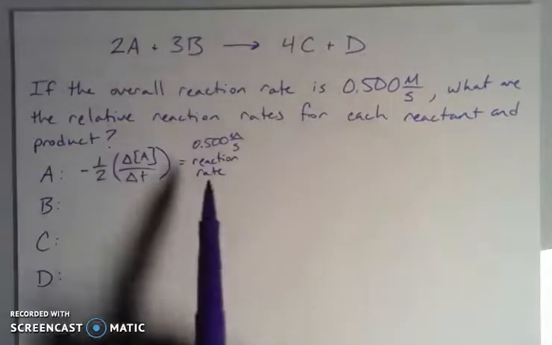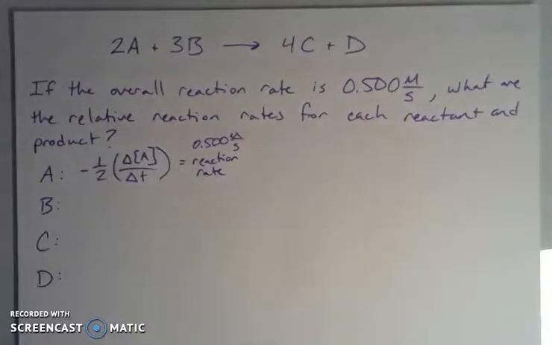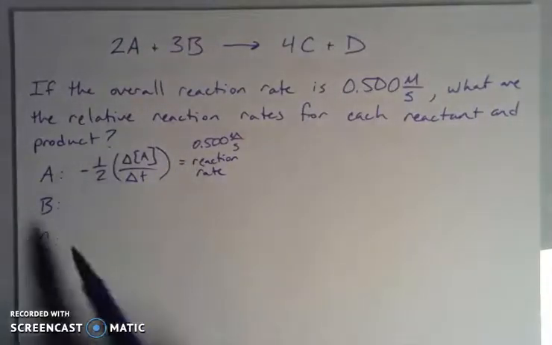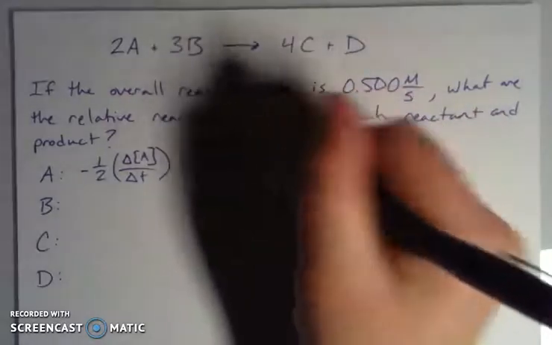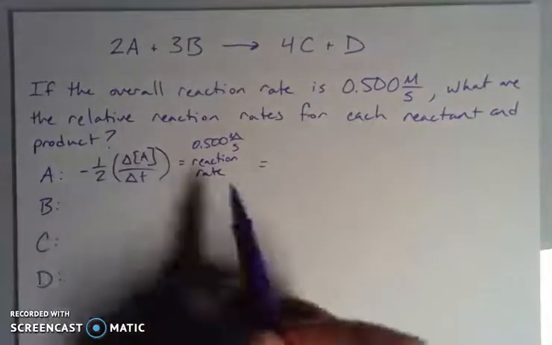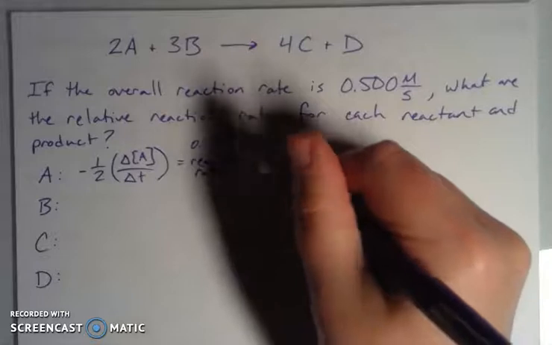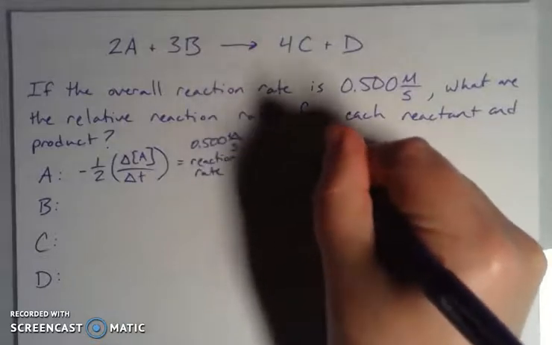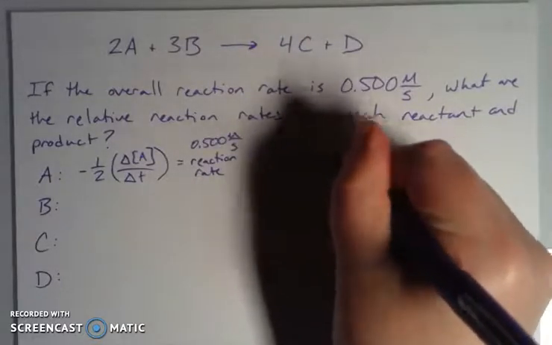So the reaction rate has to equal 1/2 of this overall process. If I do some rearrangement, that would be -2 times both sides. That would give me a relative rate of negative 1.00 molarity per second.